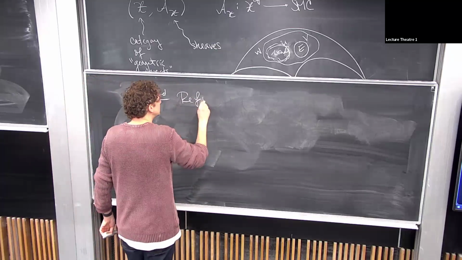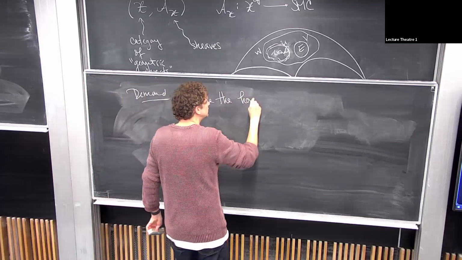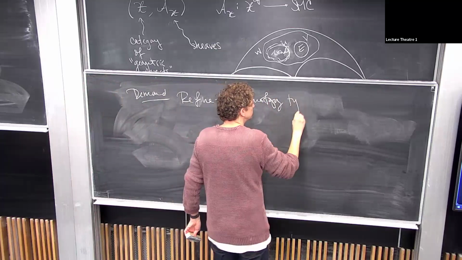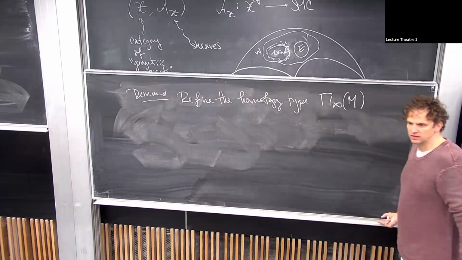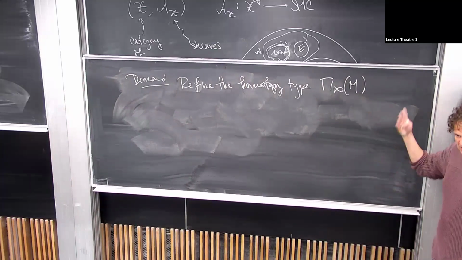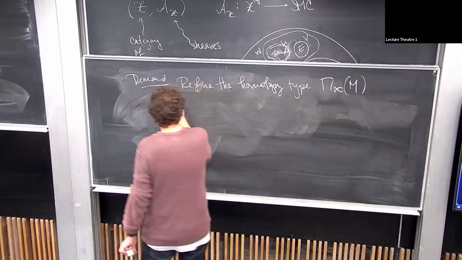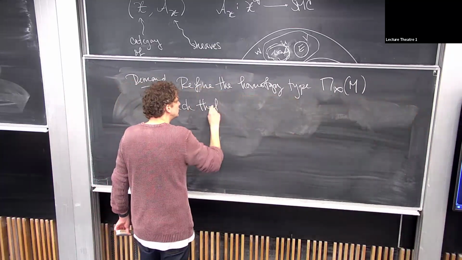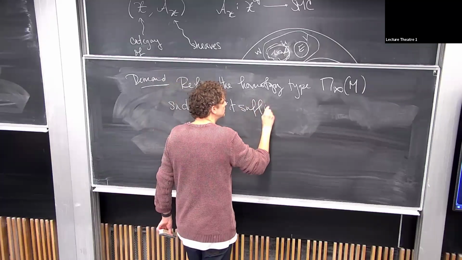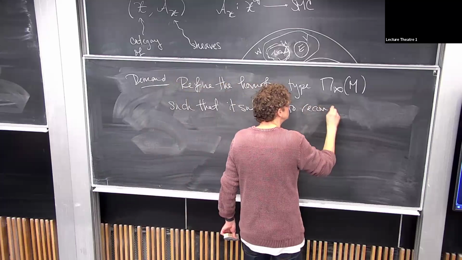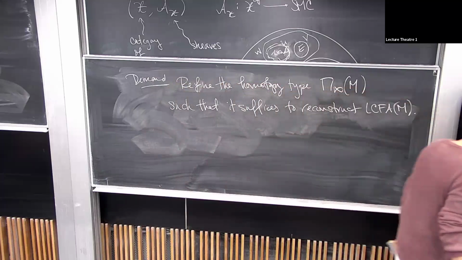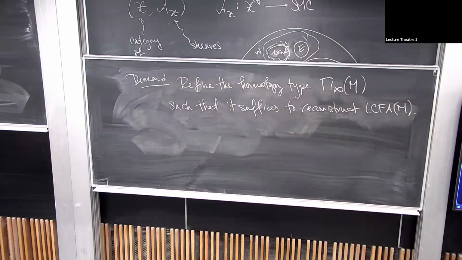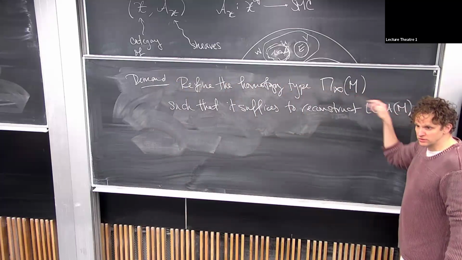Please refine the homotopy type, my notation for homotopy type is pi infinity. So if I've got a manifold M, I want to refine that homotopy type by adding some extra structure to it, such that it suffices to reconstruct locally constant factorization algebras on M. We've just seen that the raw homotopy type alone isn't going to cut it.